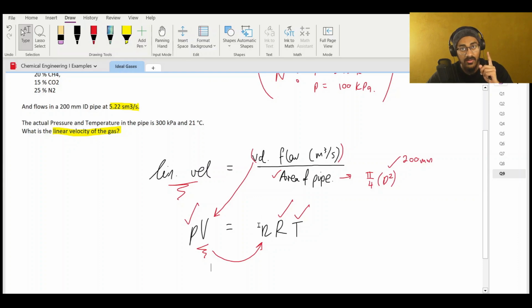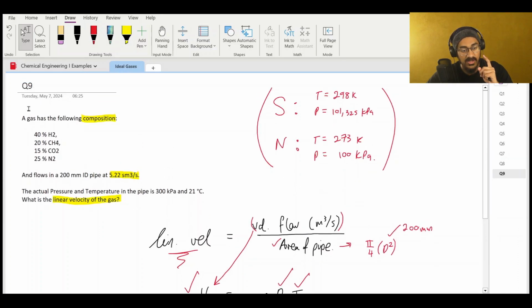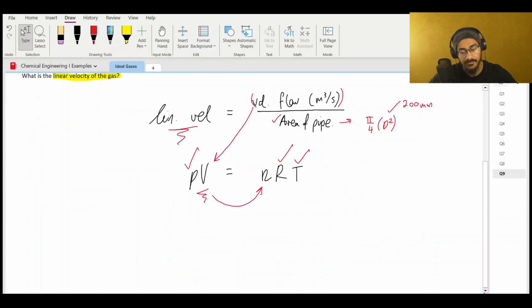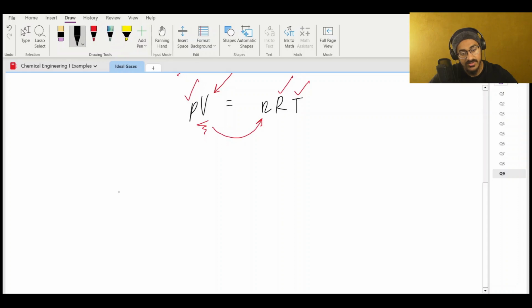But that's why they give us the information at the beginning of the question. They say a gas has this composition and it's flowing through this size pipe at 5.22 standard cubic meters per second. So let's have a look at that quickly. I'm just going to write it down here.